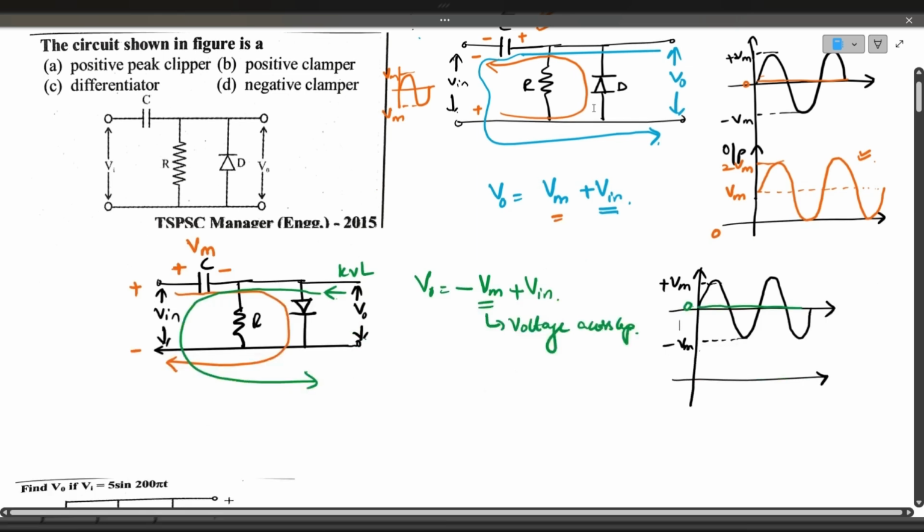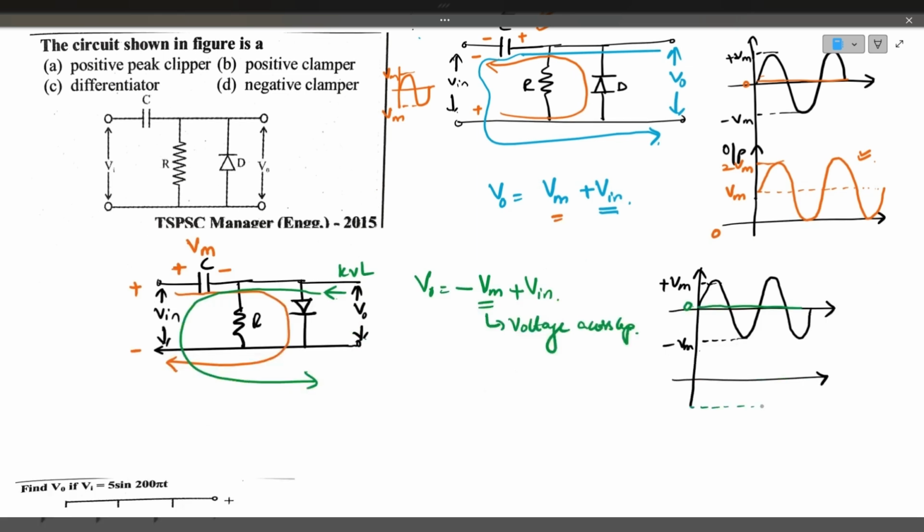But for the output waveform, the base is minus Vm, which is the voltage across the capacitor. So the output waveform will be like this: minus Vm plus Vm is 0 volts, and minus Vm during the negative half cycle is minus 2Vm. So it is shifting the input signal towards the negative side, so it is called a negative clamper.